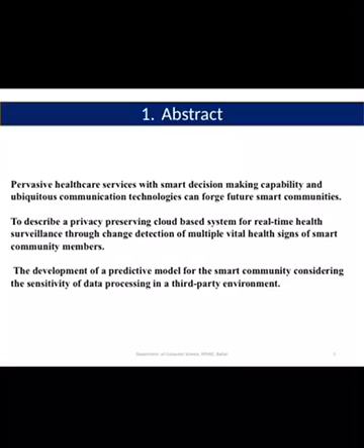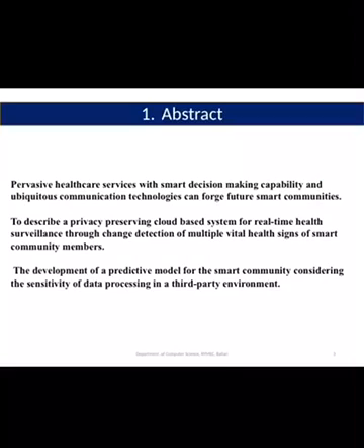Once we get information about a particular state of a patient, the assurance of data privacy is the prime concern for such smart health technologies. Certainly, we need to describe a privacy preserving cloud-based system for real-time health surveillance through change detection of multiple vital health signs of smart community members.